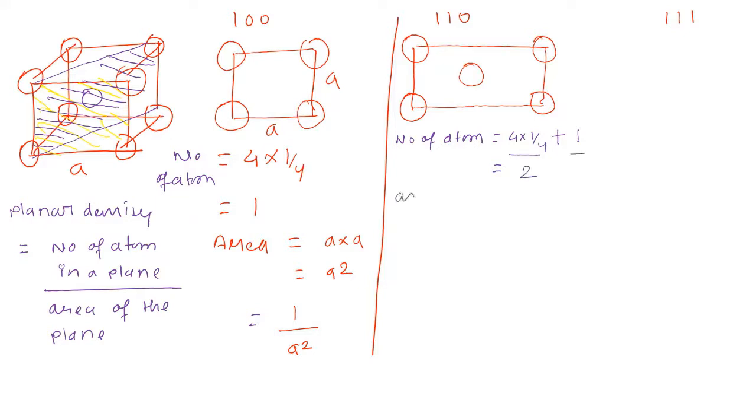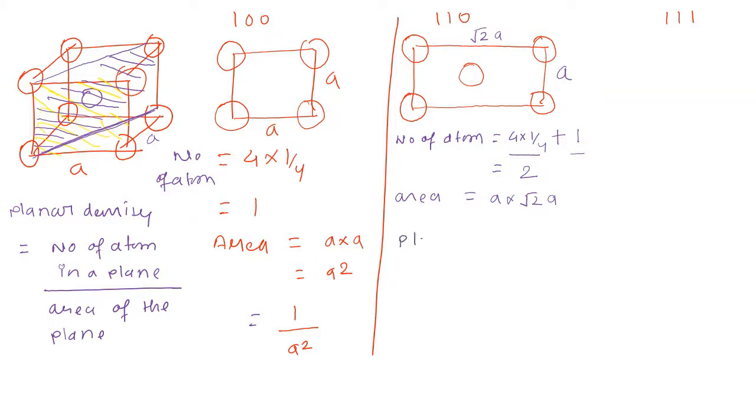For the area, this side is a and this side is also a, so with the help of Pythagoras theorem, a square plus a square gives the length of this line as root 2a. Multiplying with a, a into root 2a is the area of the 110 plane.